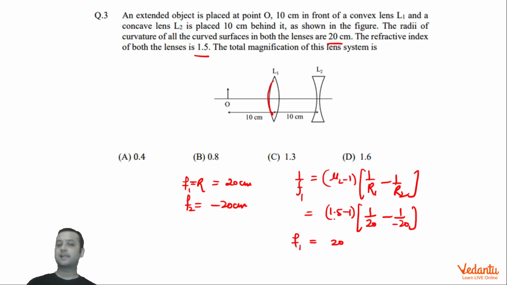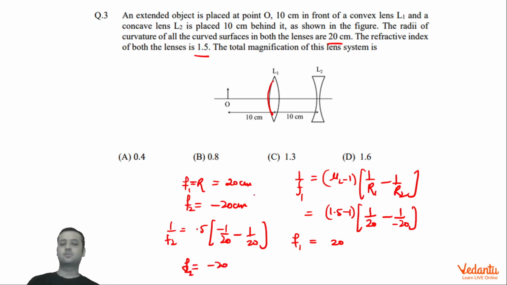Similarly, let me calculate f2. 1 by f2 equals mu of lens minus 1, which is 0.5, times R1 minus R2 terms. R1 will be negative, so this will be -20, and R2 will be positive, 20. So f2 becomes -20.